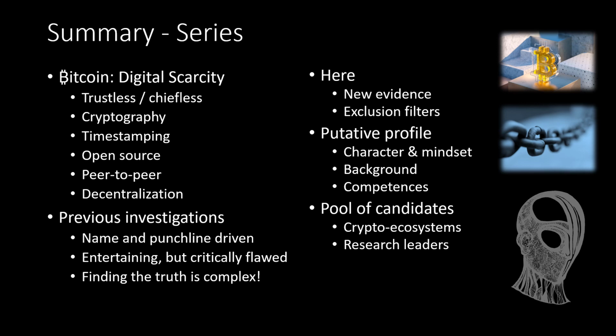We screened a couple of research leaders and also cypherpunks, who were involved in similar projects. But it seems like the academics might have had some impact on Bitcoin, but it's unlikely that they were Satoshi Nakamoto, and the cypherpunks again didn't show certain features, for example, access to certain literature that they must have had if they had been the creator of Bitcoin and published the Bitcoin white paper and its references.